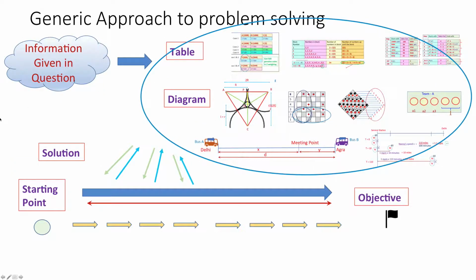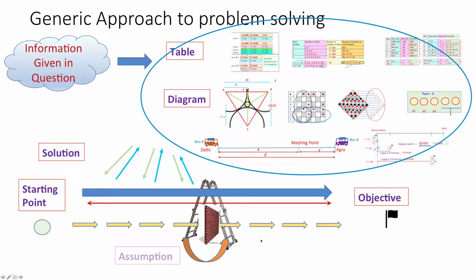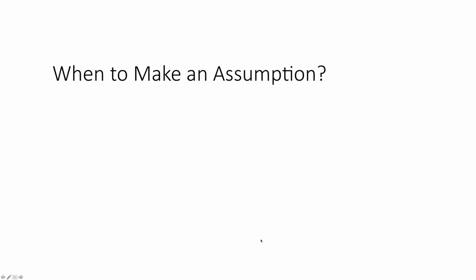So as we have seen here, we got stuck somewhere in our journey from starting point to objective. We showed the courage. We made the assumption, which is equivalent of taking a tunnel or bringing in a staircase, and that allowed us to carry forward in our journey towards objective.